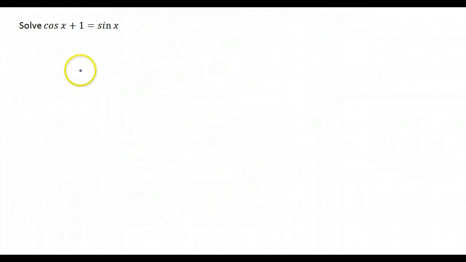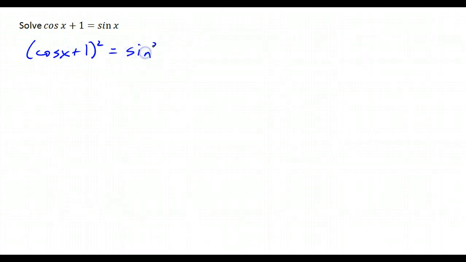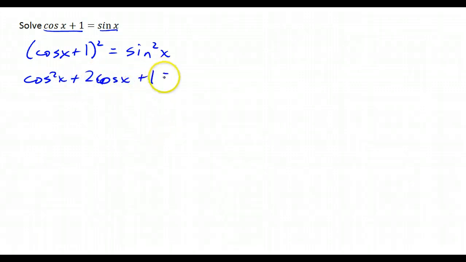Okay, in this one I've got a mix of sine and cosine, but nothing's being squared. So guess what? We just square both sides. And it's very important that you realize you are squaring the entire side of each of the equation, okay? Not the individual terms, but the sides. So if I do FOIL on this, I'm going to get cosine squared x plus 2 cosine x plus 1 equals sine squared x.